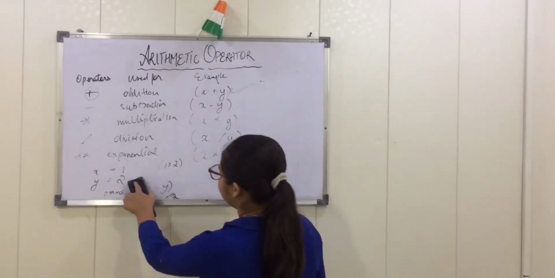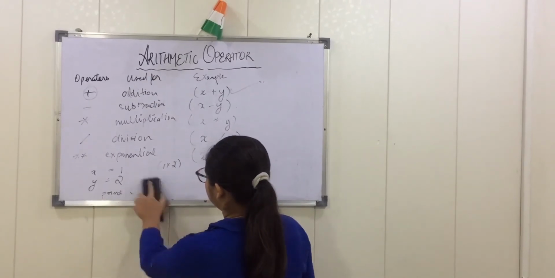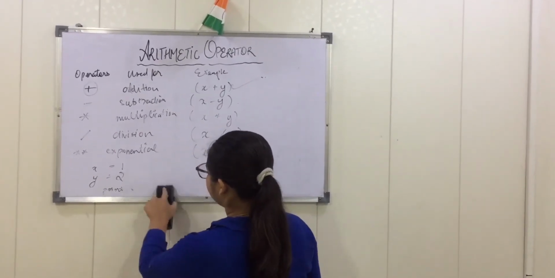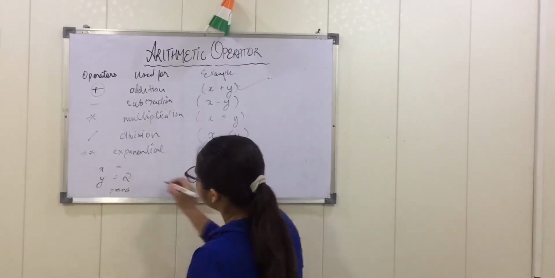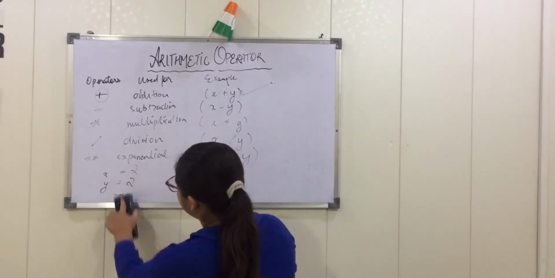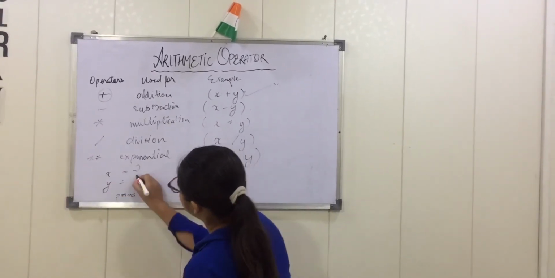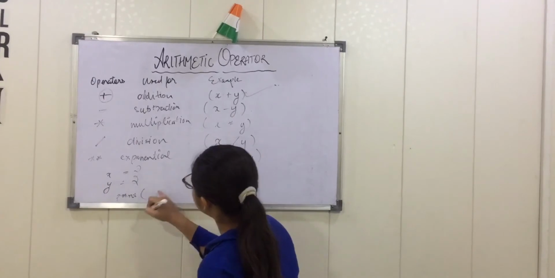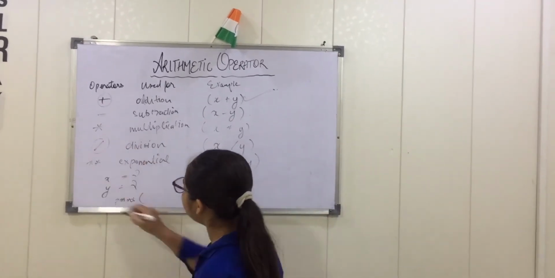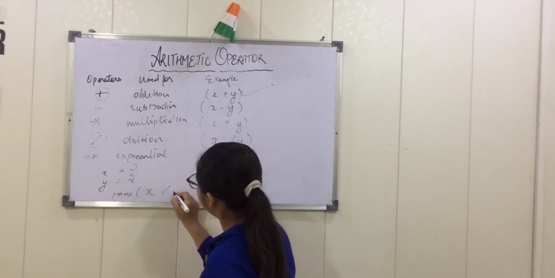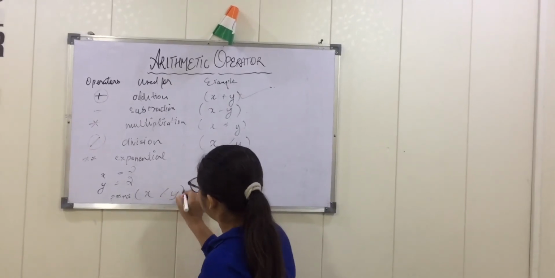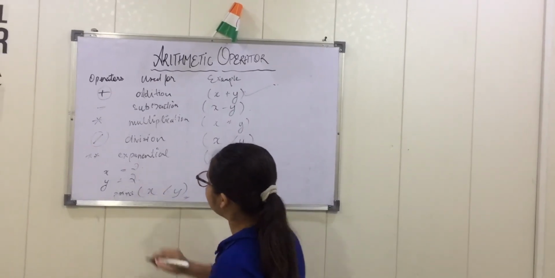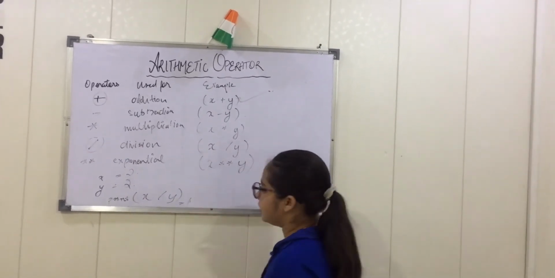Next, suppose I take the value of x as 2 and y as 2 again. For division I print x divided by y, so 2 divided by 2 is equal to 1.